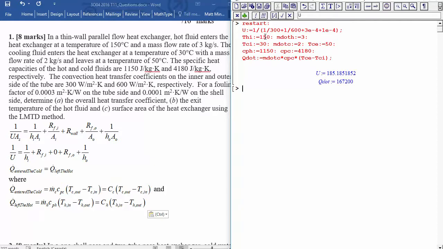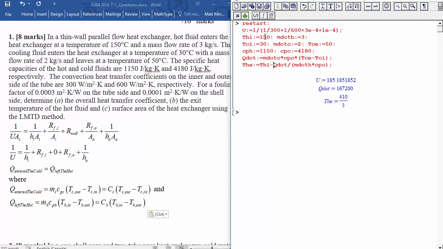So that should be the total rate of energy transfer. Then once we have that, we can solve for the exit temperature of the hot fluid. It would be its inlet temperature minus that energy transfer rate divided by the mass flow rate for the hot fluid times its heat capacity.